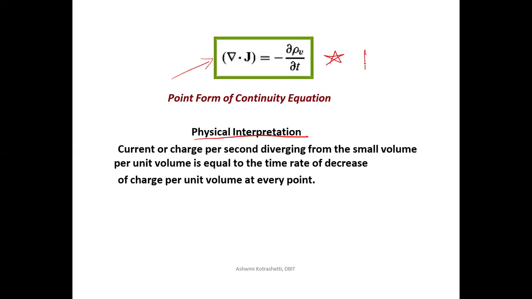This is all per unit volume. So this you have to remember. This derivation I have explained to you, but you have to understand the point form of the continuity equation.